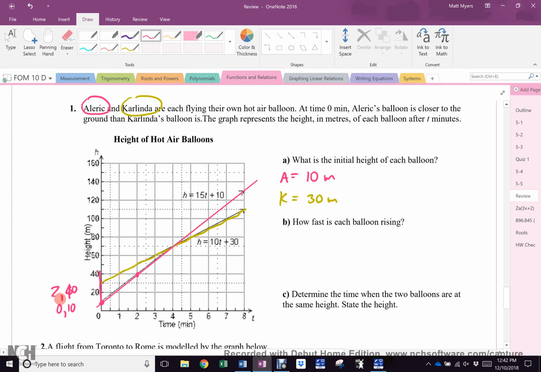Which means in 2 minutes I rose 30 meters.